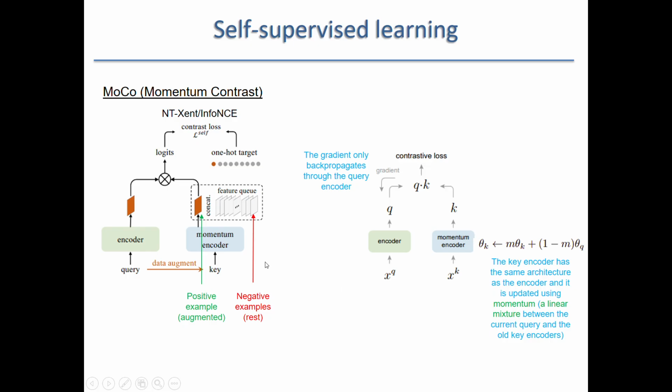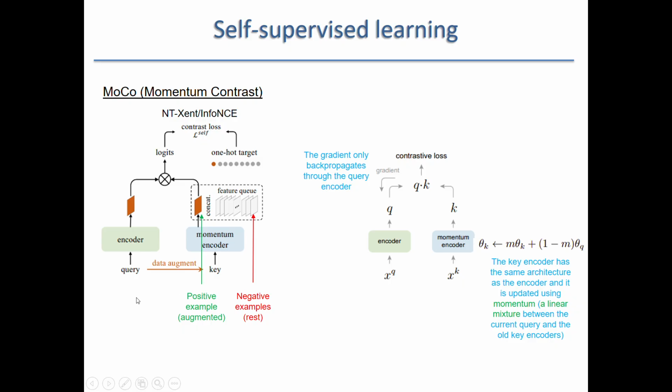The query encoder is updated through standard backpropagation, but the encoder for the keys is updated following momentum. They start with the same weights, but then the weights of the momentum encoder are updated in this way.